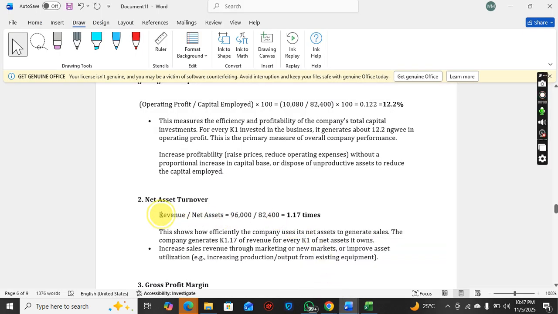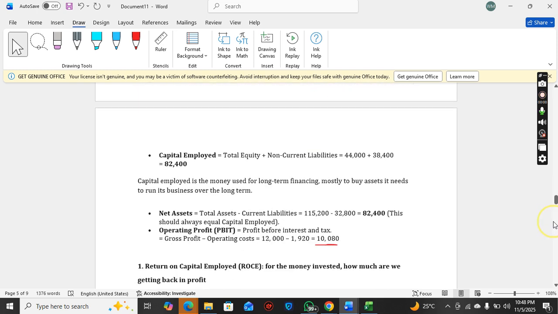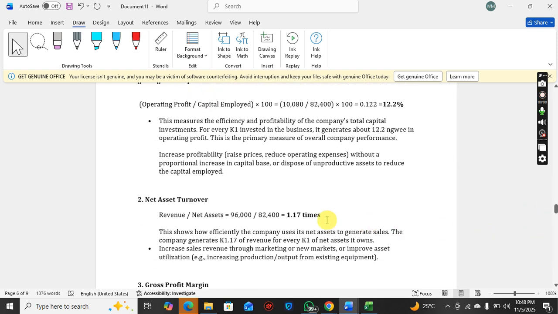Okay, so it's your revenue divided by your net assets. Our revenue according to this question, sales revenue, is 96,000, divided by 82,400, we get 1.17.